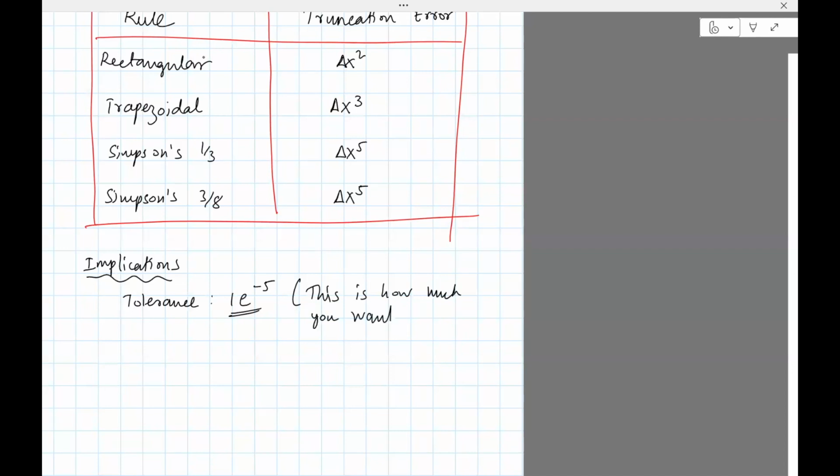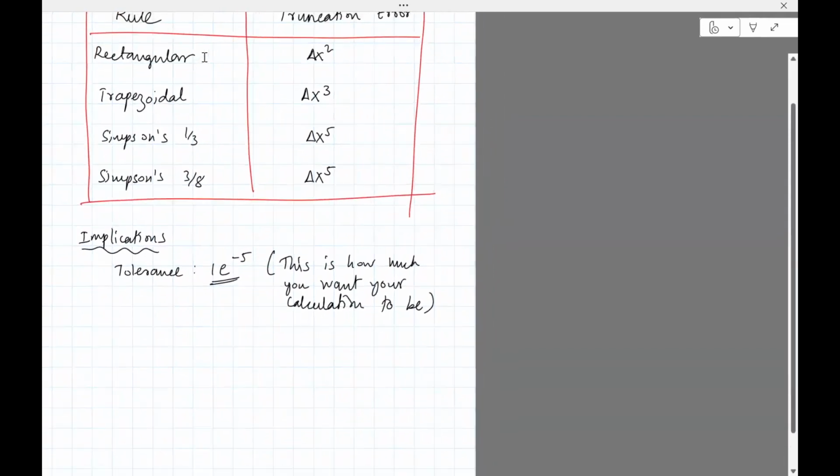So what this was saying is that if you want to now go with a method of your choice to get this kind of accuracy with the Simpsons, what you'll have to do is you need to take a step size of 10 raised to negative 1, because the accuracy of Simpson is delta x raised to 5.